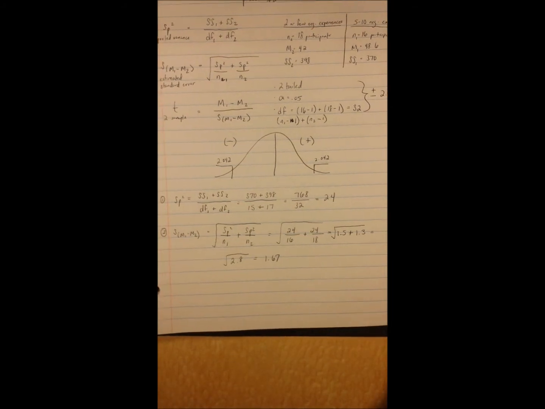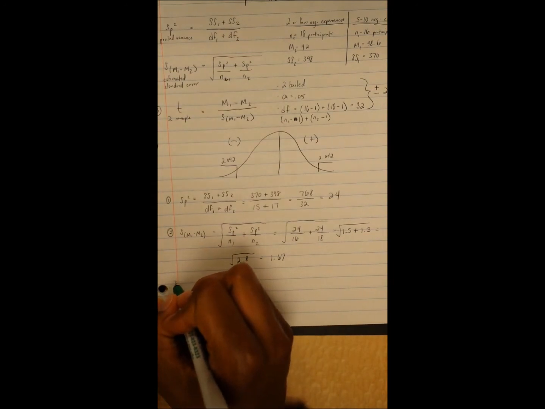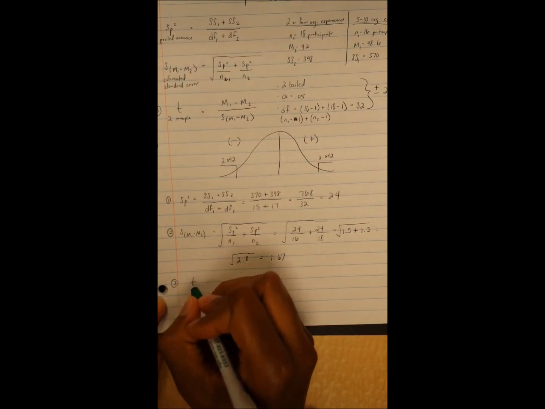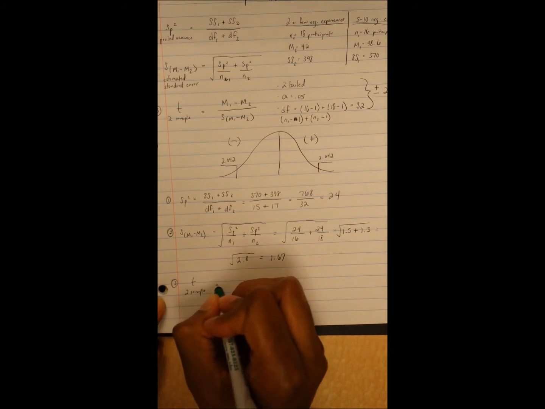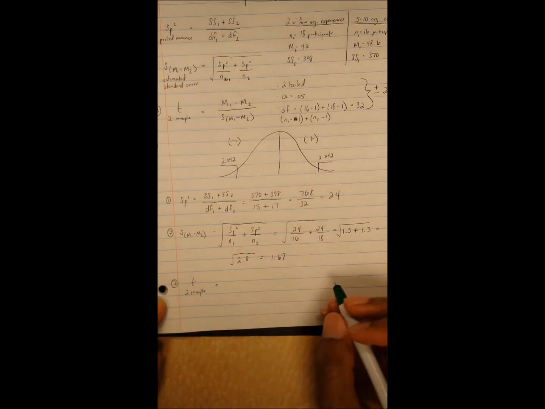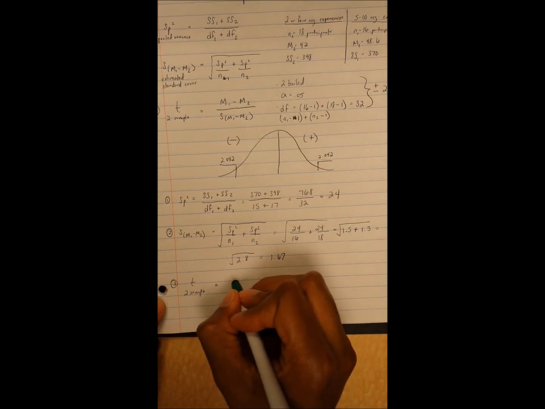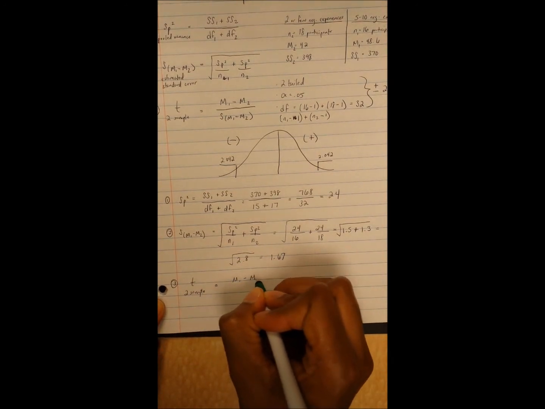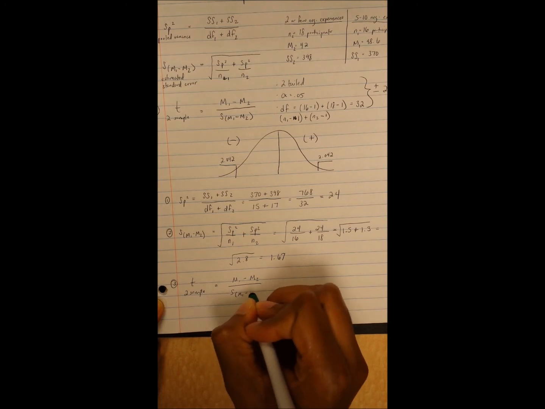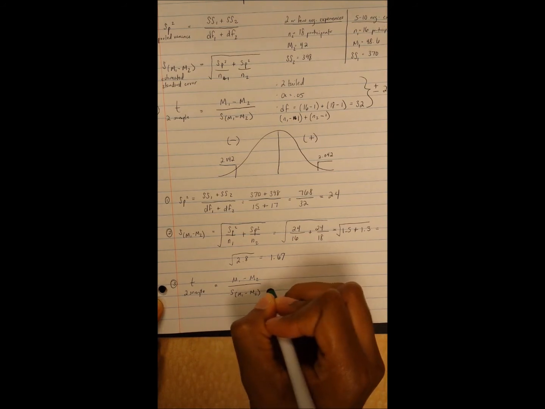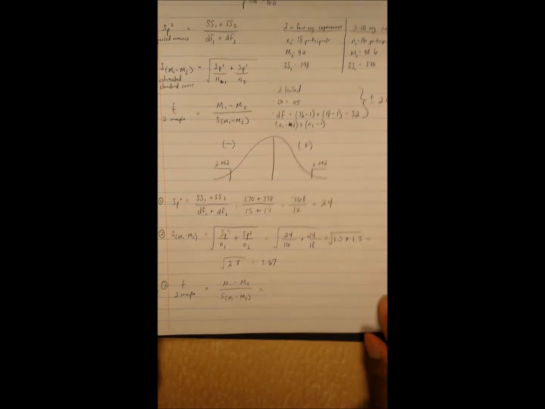All right. And then lastly, what you'll do is the two-sample t-test. All right. So that formula is M1 minus M2 over estimated standard error. All right.